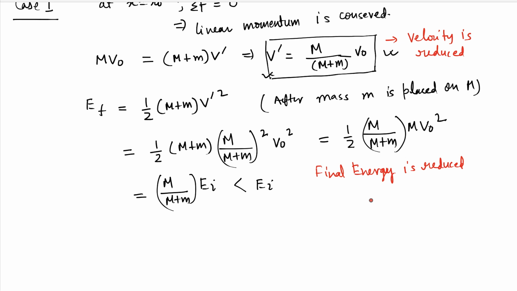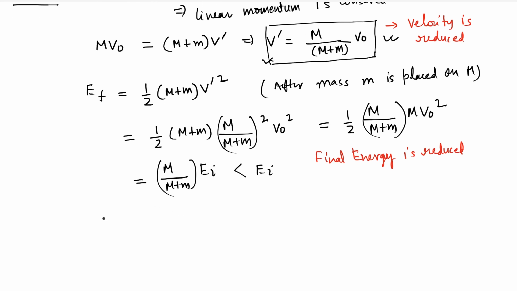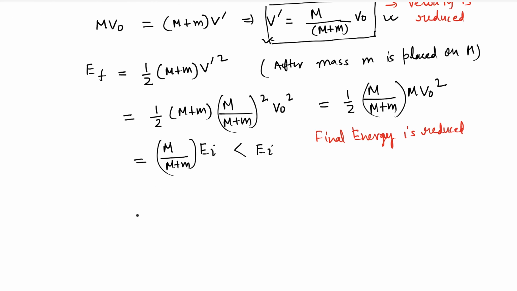Because some energy is being dissipated. So where is that energy going? So you will see that that energy is going into reducing the amplitude, the maximum stretch. So if you calculate the maximum stretch using this equation, m omega 0 a0 equal to m plus m omega prime a prime, right?